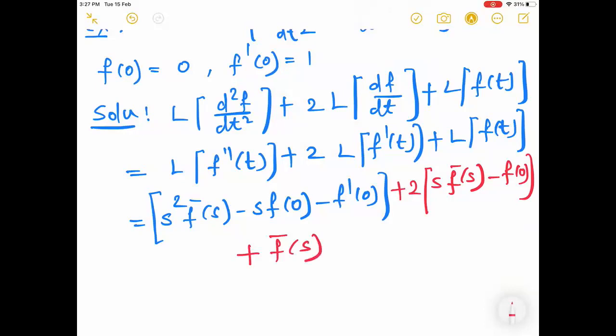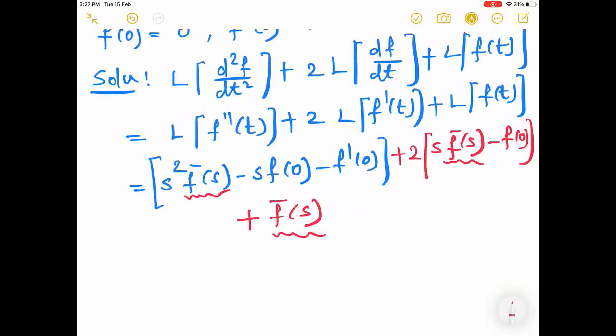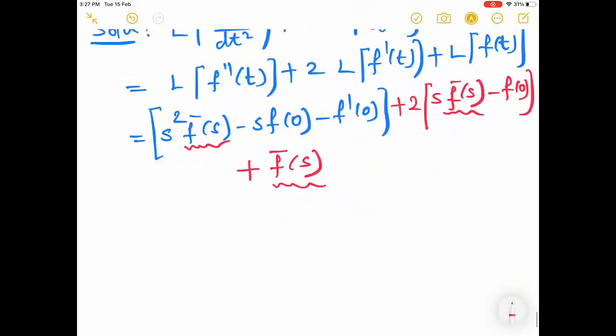And therefore, you will collect the f bar s terms. So this is one f bar s term, this is one f bar s term, this is one f bar s term. And put the answer for f of 0, f dash 0 in the given expression. Okay, using the given condition. So this is s square plus 2s plus 1. I'll take it in one bracket. f bar s is common.